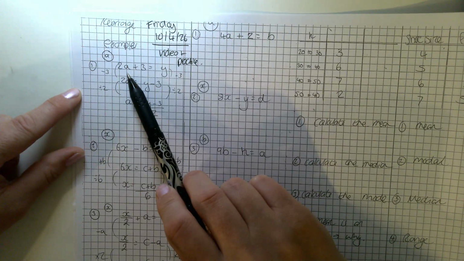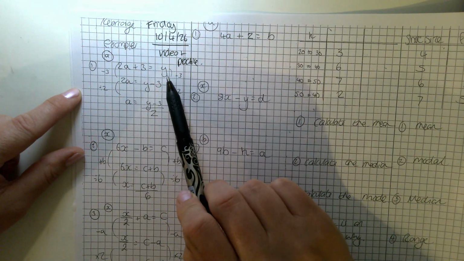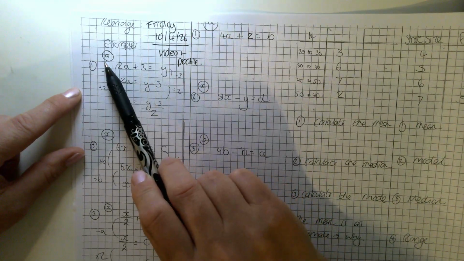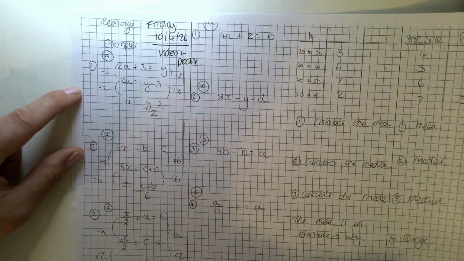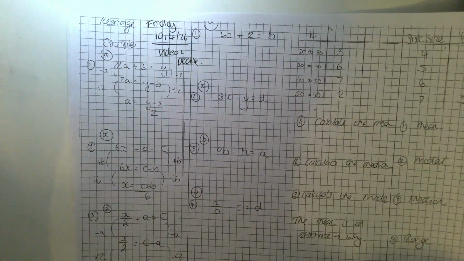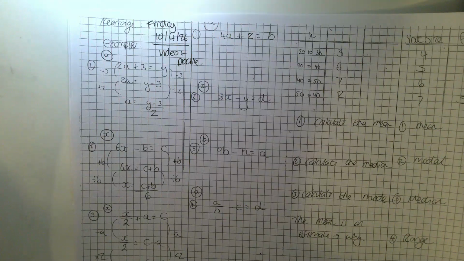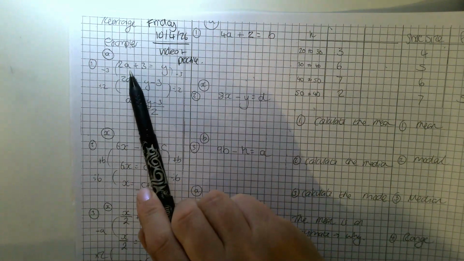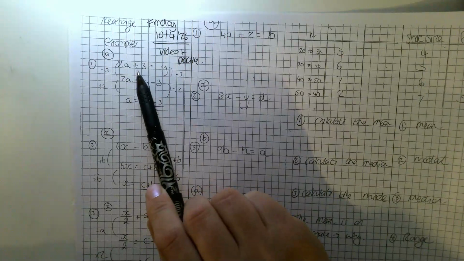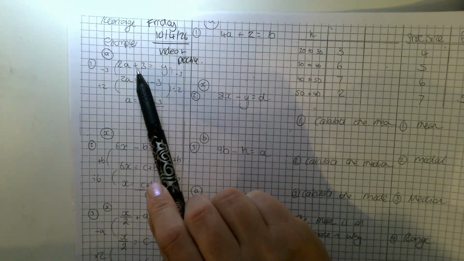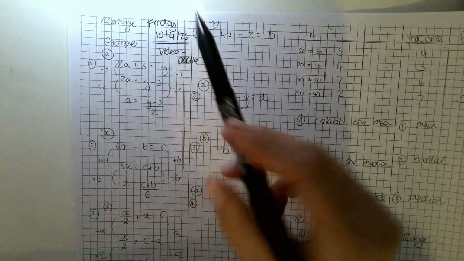To rearrange 2a plus 3 equals y, to get a on its own, you do this in the same way that you would rearrange or solve an equation. Looking at the side that contains the letter you want on its own, remove any number that's been added or subtracted on that side.